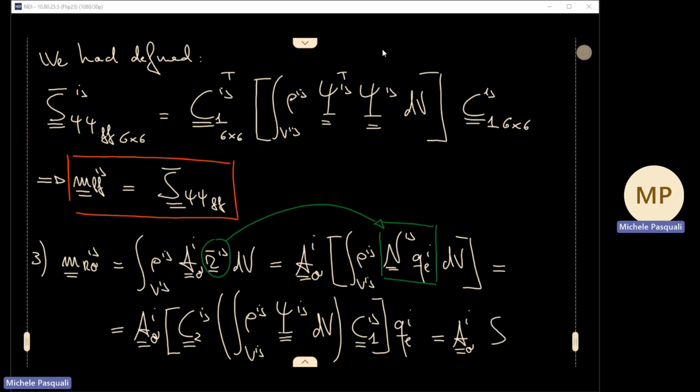This was S over bar Ij C applied over QE I. Okay, where again, all of this quantity that we have already estimated, we defined as Sij.